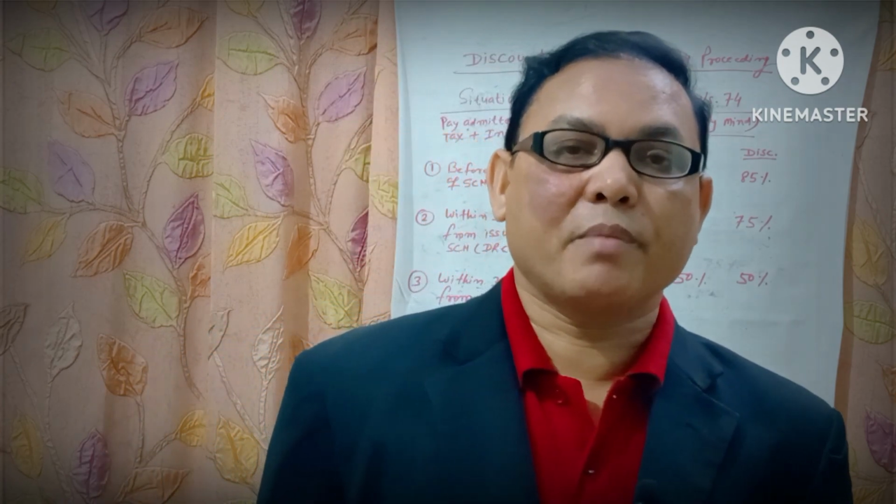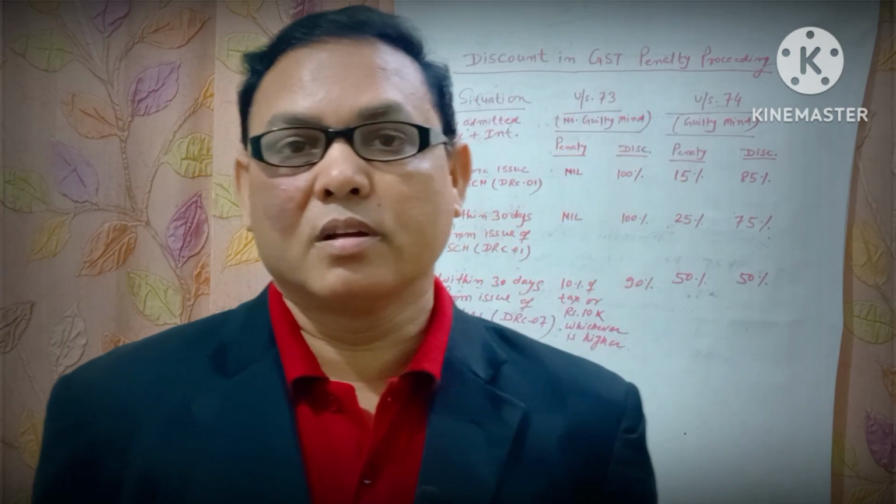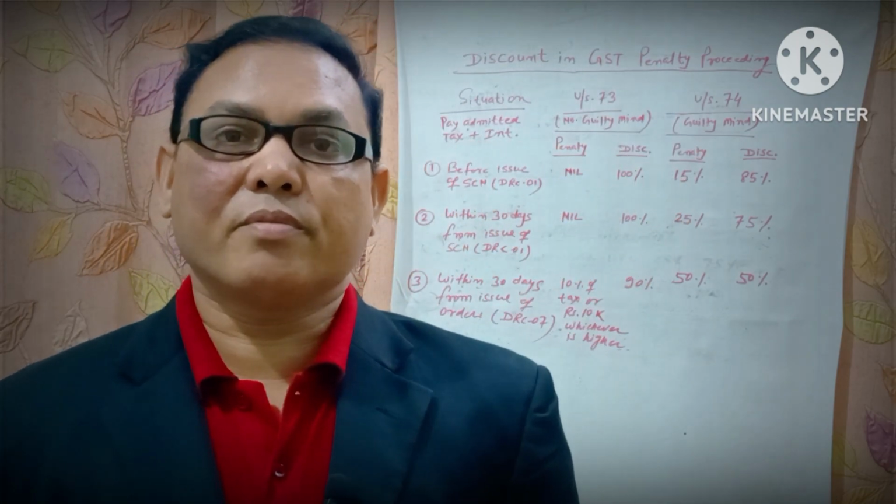If the admitted tax and interest is paid before issue of the so-called notice in form number DRC01, then in case of section 73 there is no penalty, that means 100% discount is availed. In case of section 74, 15% penalty is payable, 85% discount can be availed.